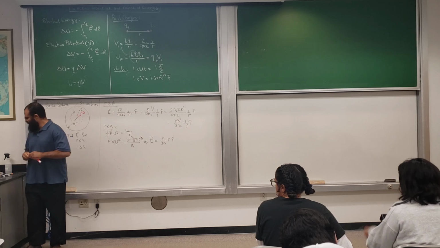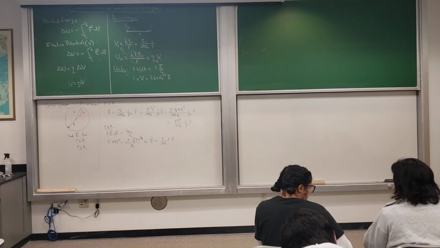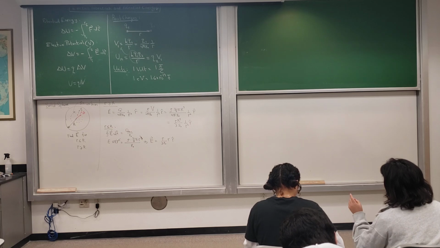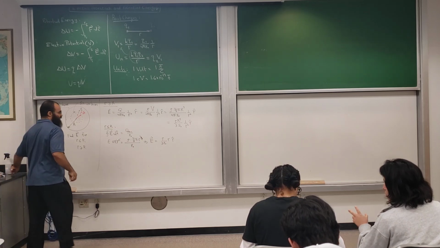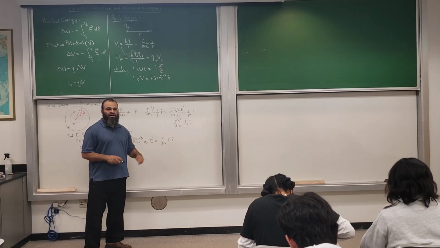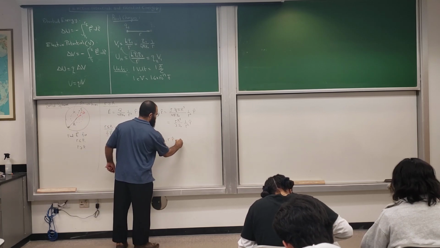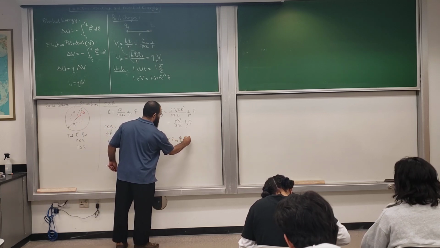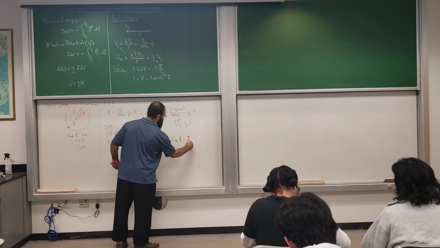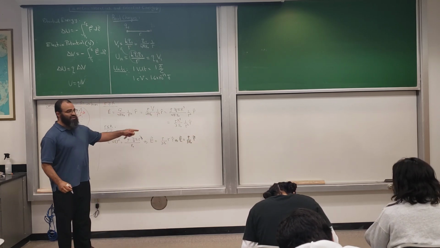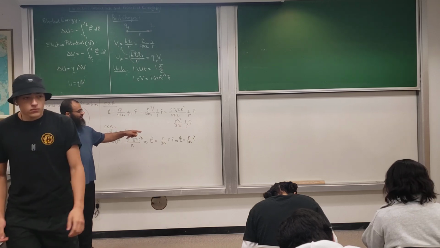And I would prefer to actually write this one. I'm going to write it this way. What is r times r hat? The vector r. Yeah, so E will be rho over 3 epsilon naught times the vector r. Okay? So this is inside the sphere.